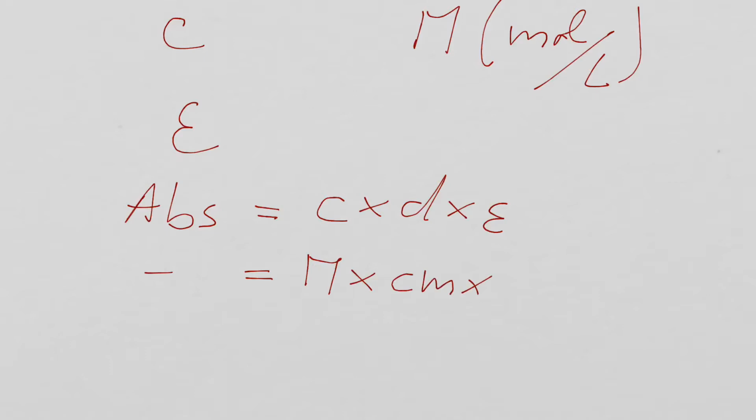So if we want no unit on this side here, this one here should cancel out all the other units. The easiest way to write that is molar to the power of -1 times centimeter to the power of -1.